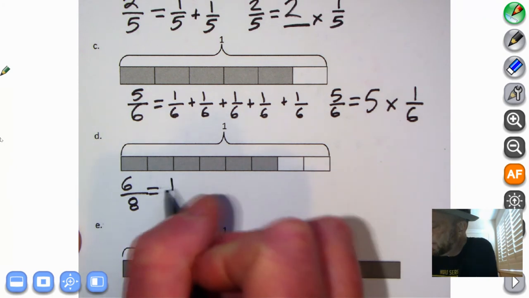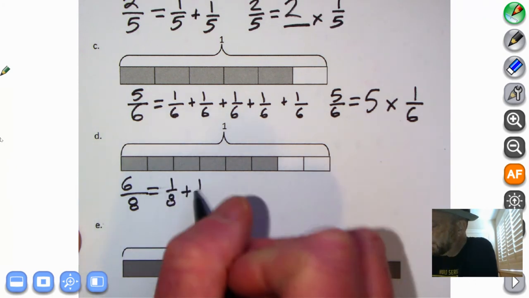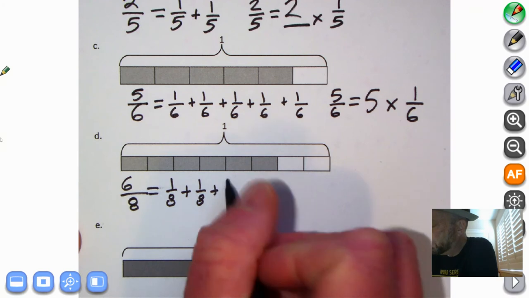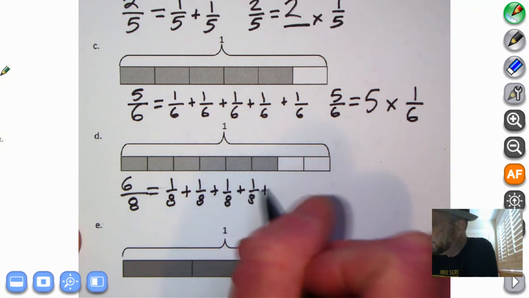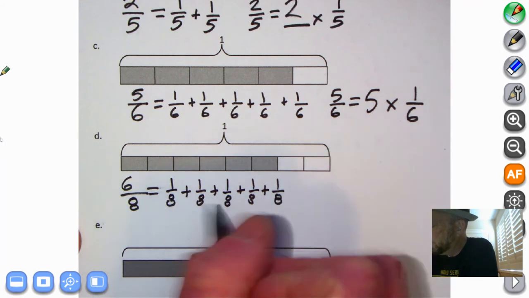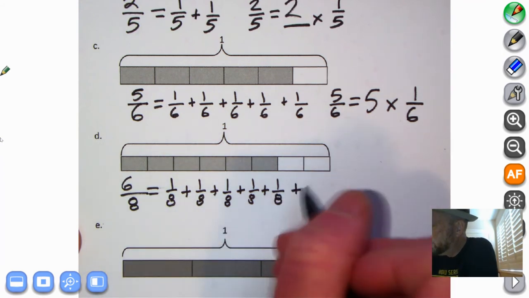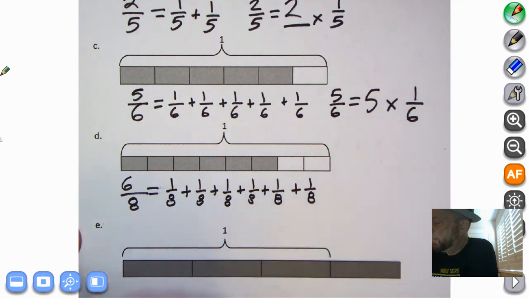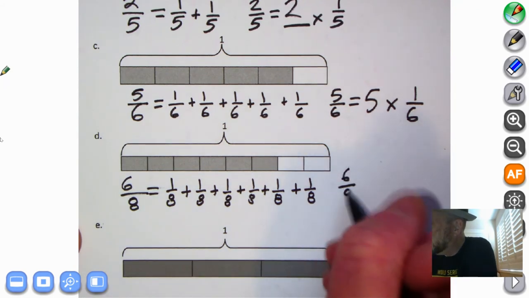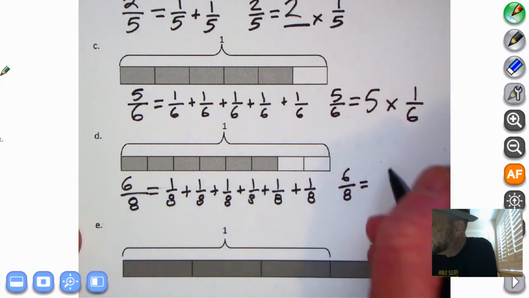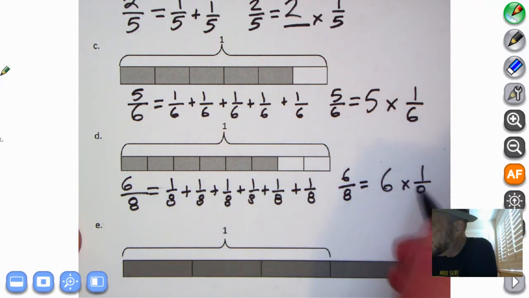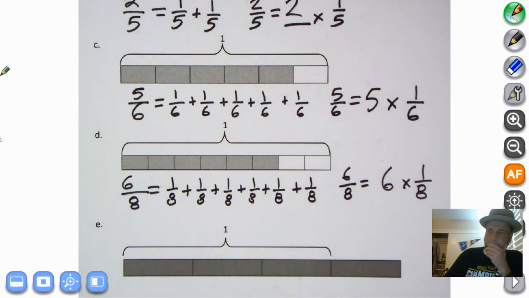So I'm going to go 1/8 plus 1/8 plus 1/8 plus 1/8 plus 1/8. That's 1, 2, 3, 4, 5. But I need 6, plus 1/8. Okay. Then my multiplication sentence. 6/8 equals what? 1, 2, 3, 4, 5, 6. 6 times 1/8. And we are done with that one.